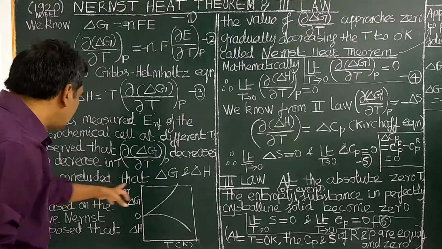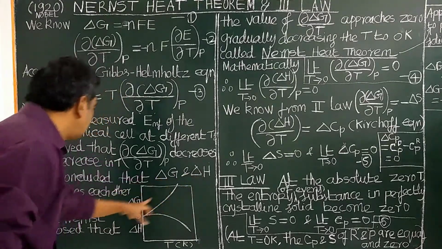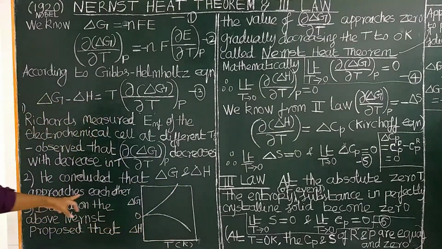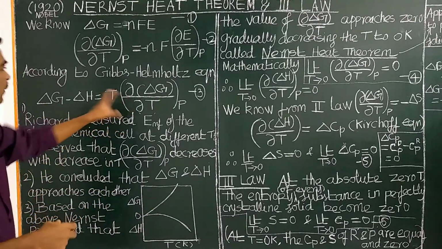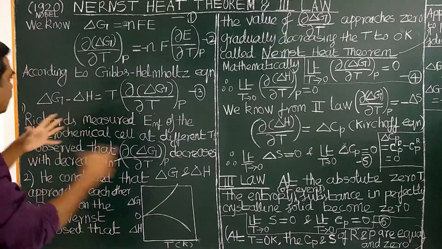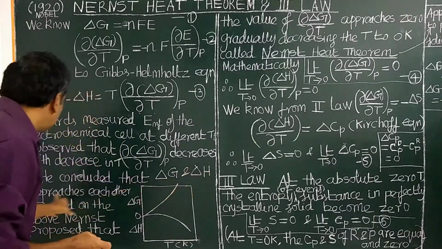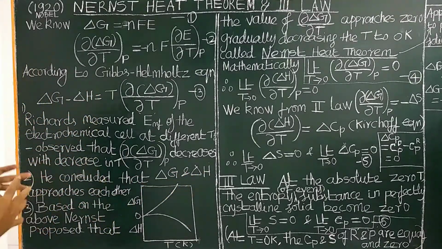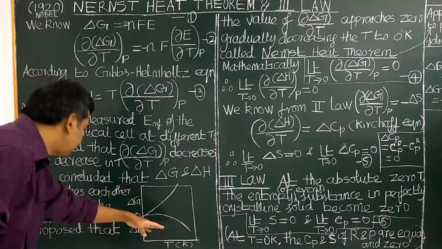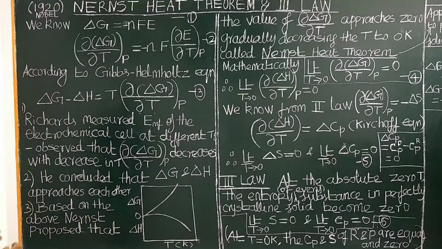He concluded that delta G and delta H approach each other with the decrease in temperature. The difference is less, meaning delta G is close to delta H.